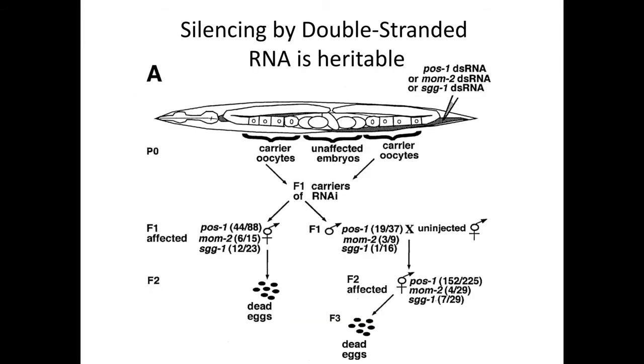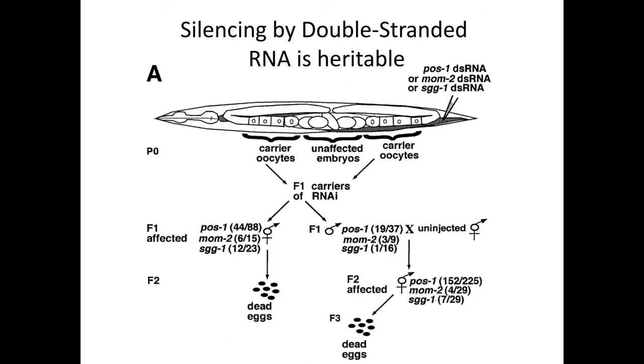And what was also found to be crazy is that silencing of a particular gene through injection of double-stranded RNA was heritable. So there are genes that are involved in egg development. One's called POS1, one's called MOM2, one's called SGG1. And typically, if you knock those genes out, a nematode is unable to lay eggs.